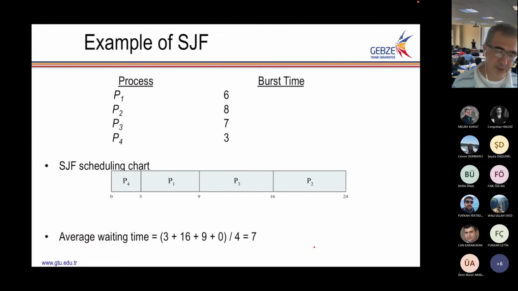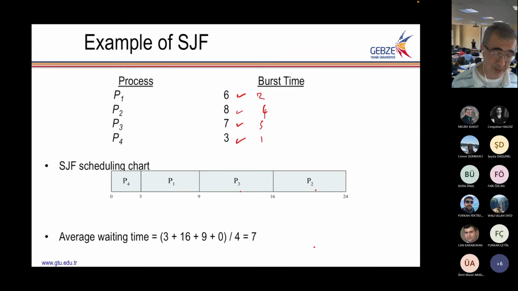This is what the shortest job first example is. You have 6, 8, 7, 3 coming at the same time. If they come at the same time, obviously this will be executed first, this will be executed second, this will be third, and this will be fourth. So P4, P1, P3, and P2.